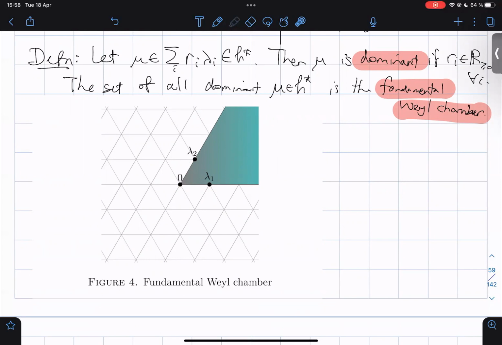Let's restrict to the real slice. So this is the fundamental chamber. Anything in here is called a dominant element.